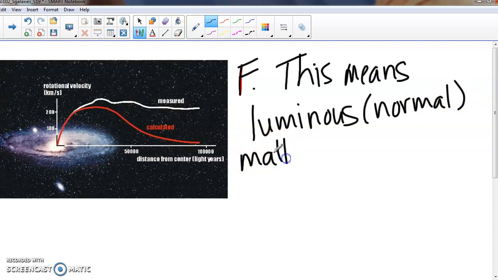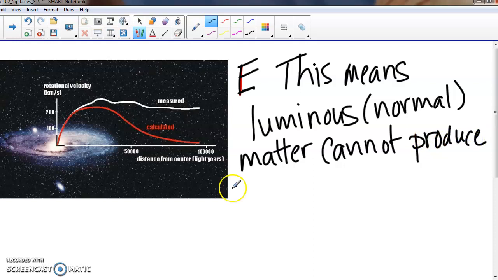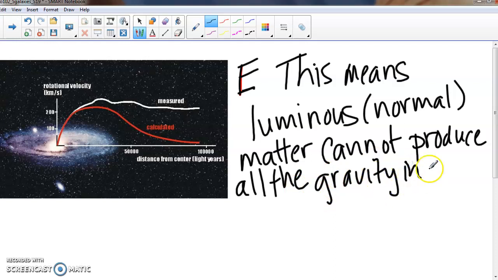This means luminous, normal matter. Oh, I skipped E, didn't I? Okay. I'll come back to E. I'll put it as the next one. Sorry, this is E. Luminous, normal matter cannot produce all the gravity in the galaxy.